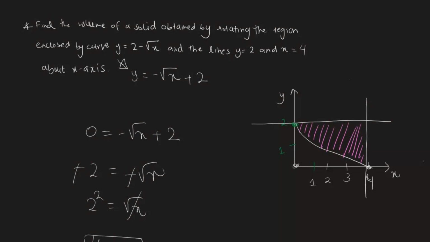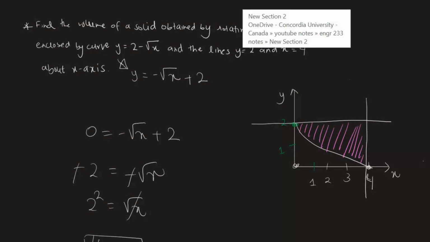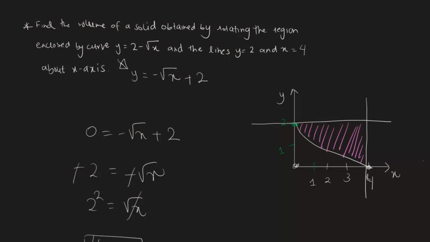Alright, so let me write which one is which equation so you guys don't get confused. This is x equals 4, this is y equals 2, and this one is y equals 2 minus square root of x.